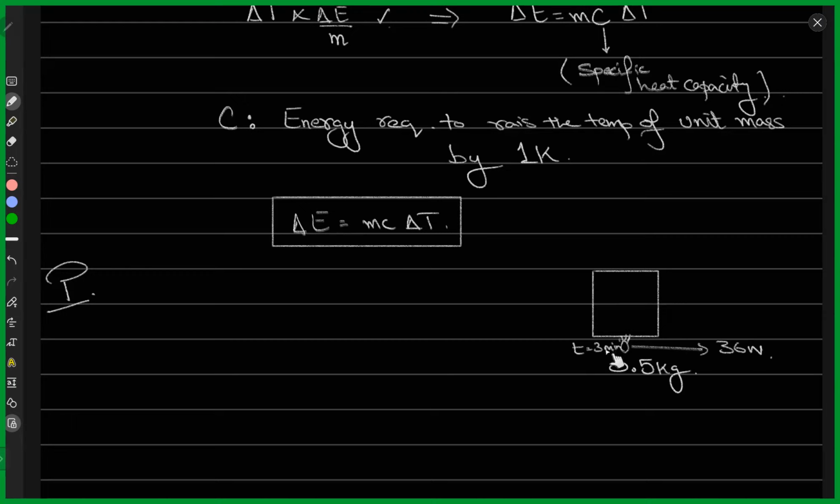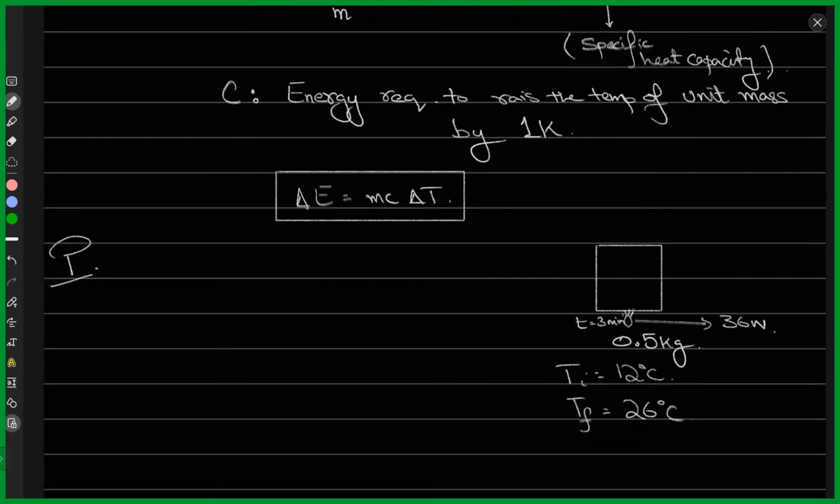So what happens is, of course, you'd expect the temperature to rise, right? So let's say that the initial value of temperature was 12 degrees Celsius, and after heating it for 3 minutes, the final value of temperature is suppose 26 degrees Celsius. So all of this is known. How can I compute the specific heat capacity for this thing?